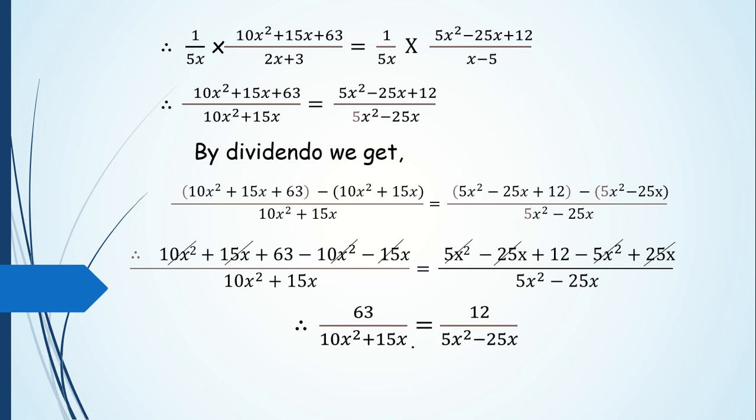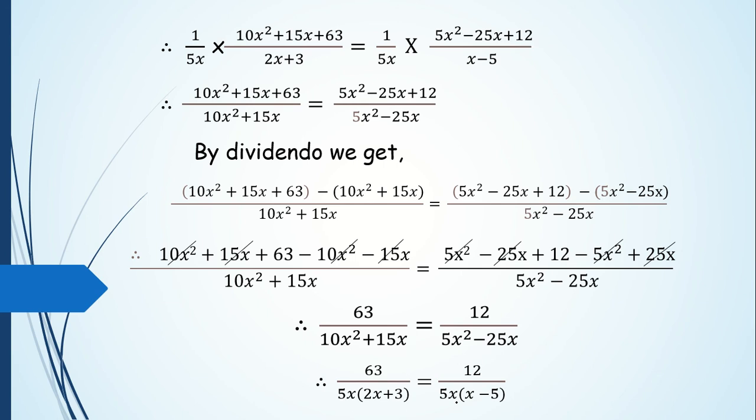Now we can cross multiply, but before we cross multiply, we will try to simplify this further. Here from the denominator we can take 5x common. When you take 5x common from here, what remains inside is 5 2s are 10, and one more x will remain. And here 5 3s are 15, so 3 will remain. You can multiply this inside and see: 5 2s are 10, 10x square you get back, 5 3s are 15x.